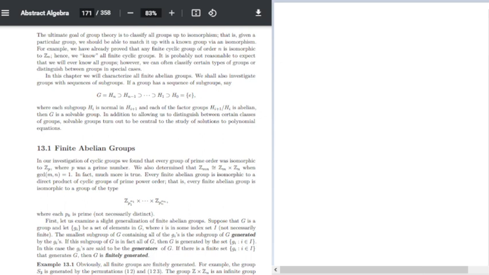In addition to allowing us to distinguish between certain classes of groups, solvable groups turn out to be central, and I re-emphasize central, to the study of solutions to polynomial equations.